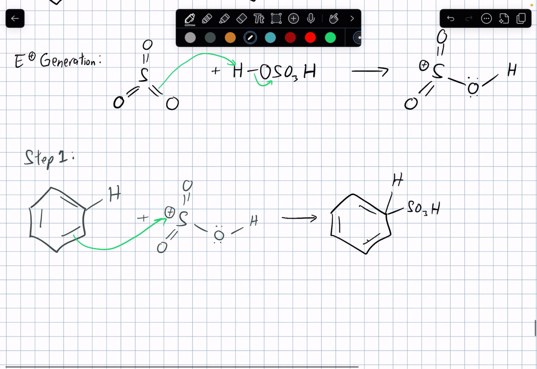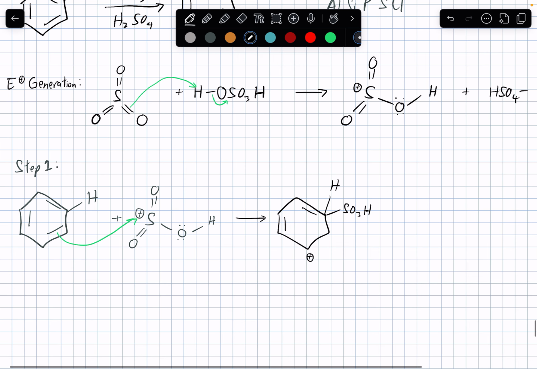Oh, sorry, this one's already absent. Wait, this looks weird. Let's not do this. Let's come from here, the one above. So this one's missing. Carbocation right there. Okay, more like it.